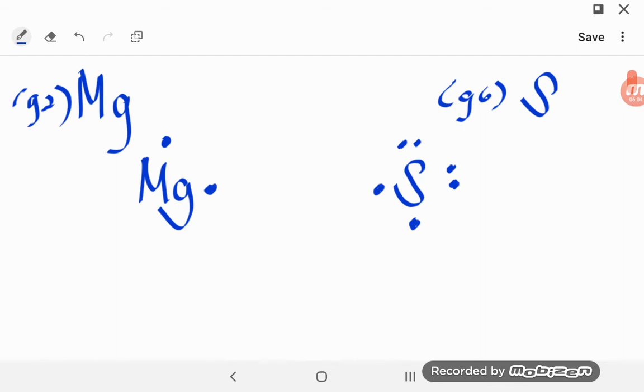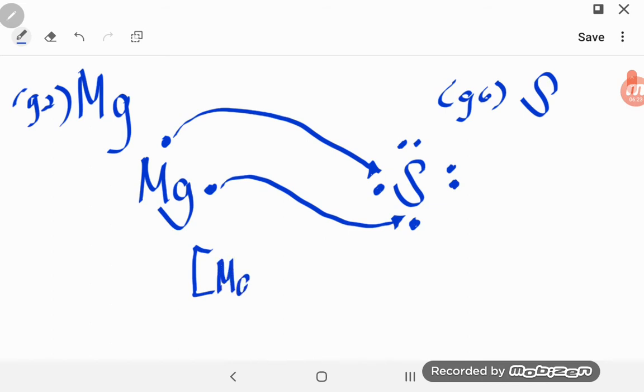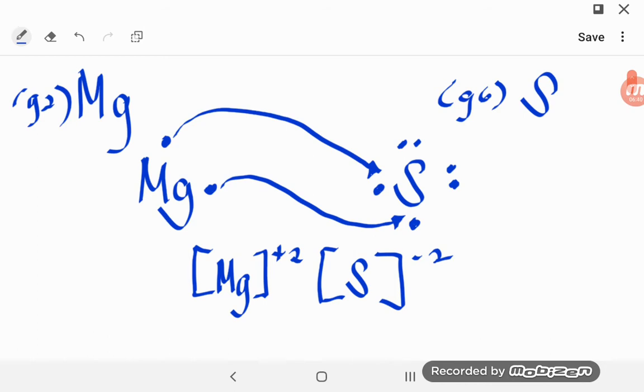So what will happen is magnesium will transfer its 2 valence electrons to sulfur in order for both to attain a noble gas configuration. So rewriting it, we will be forming ions. So Mg will be positive 2, while sulfur will be negative 2. So that's the chemical bond between magnesium and sulfur.